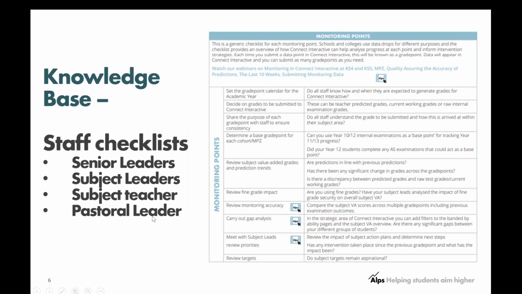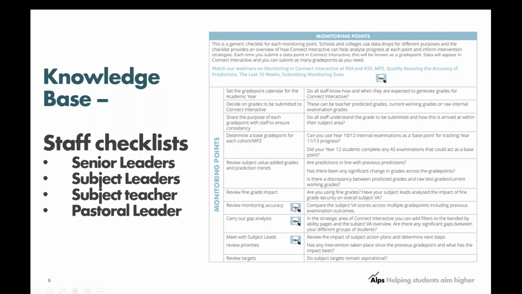They all talk to each other, so they're all along the same lines. They have the same, for example, have you reviewed the fine grade impact, asking a question that's tailored to a senior leader, a subject leader, or a subject teacher. Just pop into the knowledge base, check staff checklists, and all 4 of them will come up. They're PDFs, print them off. Please use them. Hopefully you find them useful.